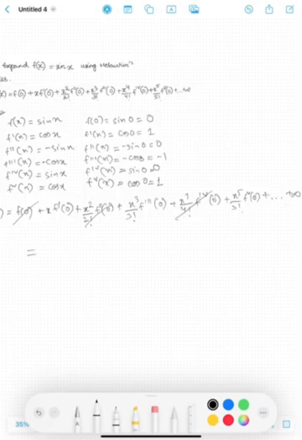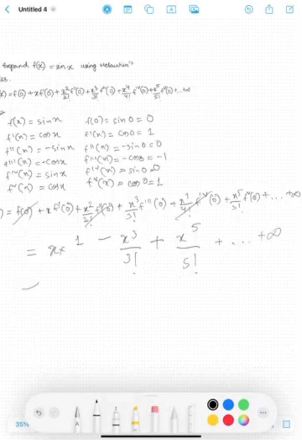So let us keep it that way. x into 1, then x cubed by 3 factorial, and then x to the power 5 by 5 factorial, and it will go all its way till infinity.